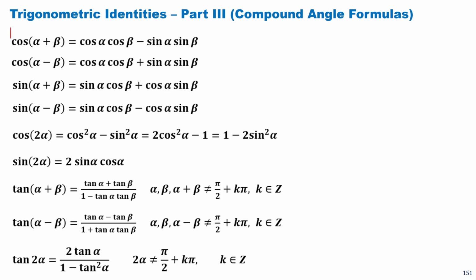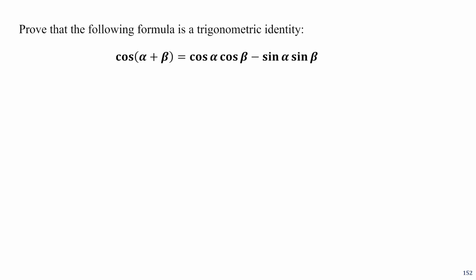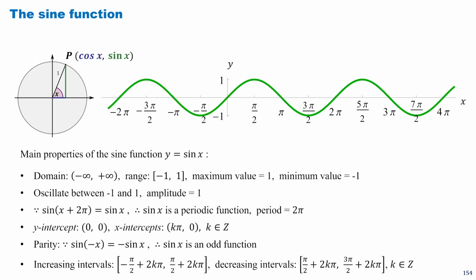Again, if you can prove the first one, each of the following identities can be easily inferred from the first one. And next time we'll have a look at trigonometric functions, which are sine, cosine, tangent, cotangent, secant, and cosecant. So we'll leave this to the next lesson.